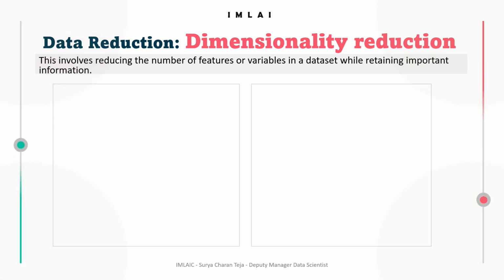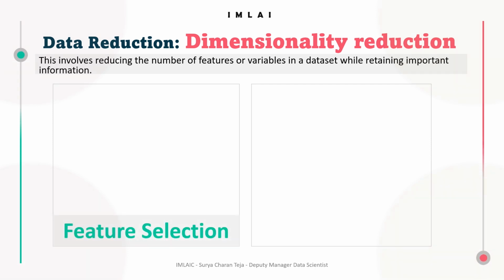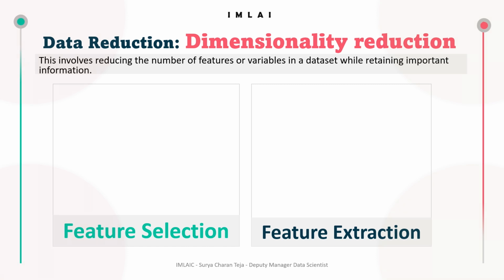There are two main types of data reduction or dimensionality reduction techniques. One is feature selection and the second one is feature extraction.